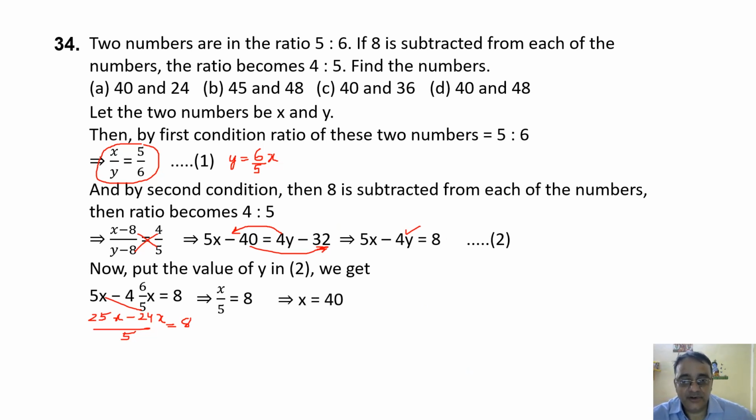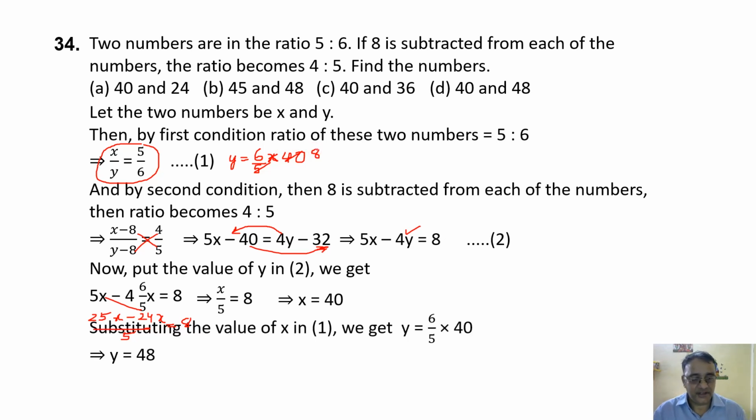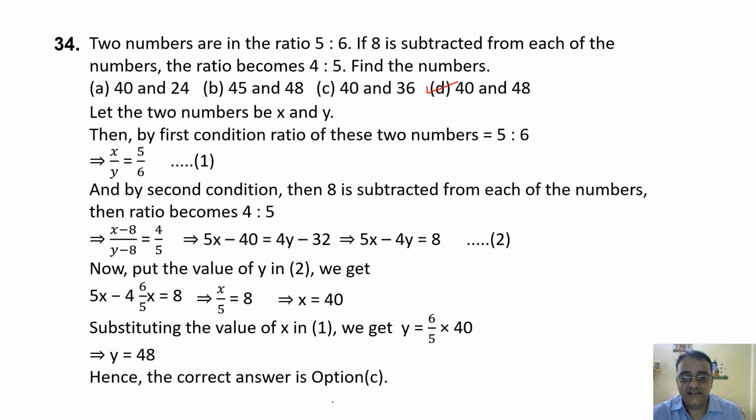If we substitute 40 here, so what are we getting? y equal to 48. Very good. y is equal to 48. So which option is the correct one? Option B. Option B. D. Right. This is D, isn't it? 40 and 48. Okay, fine.